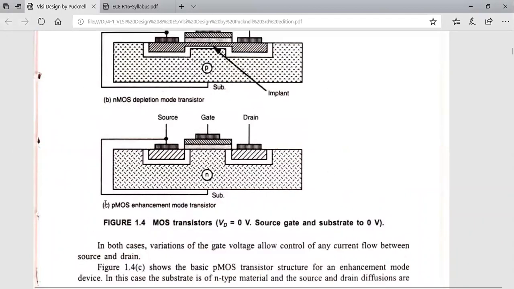Right. Then what about the PMOS enhancement mode transistor? This PMOS enhancement mode transistor will be formed on an N type substrate, right? On the N type substrate, that means lightly doped. This substrate is made lightly doped N type.